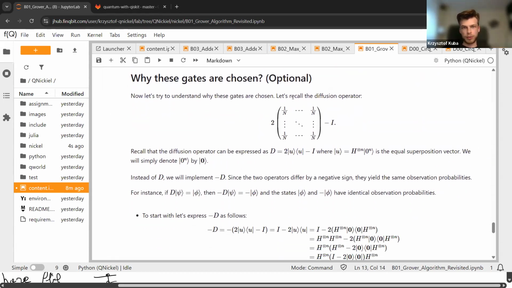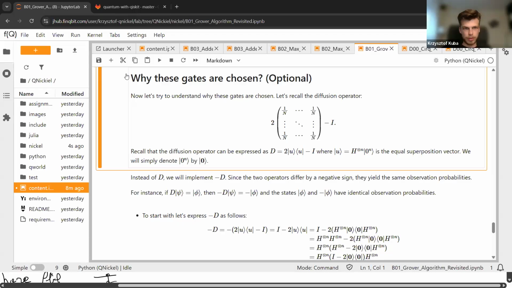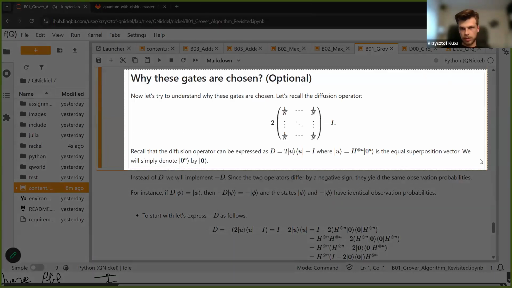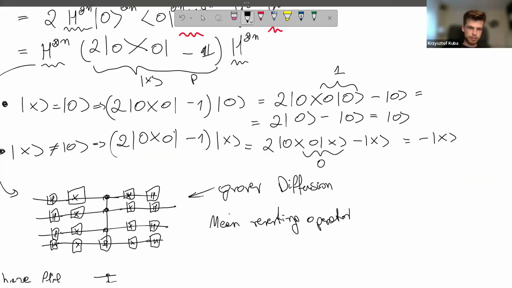So actually the Grover diffusion operator is 2, this matrix minus 1, and this is equivalent to, we can probably do a print screen and show you, I can show you this here.